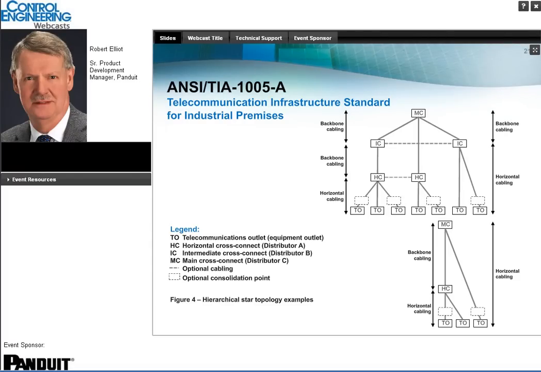IC would be the data center. HC would be the telecommunications room or the micro data center. That could lead to those optional consolidation points, which might be zone enclosures. And finally, to the telecommunications outlet, which would be the last connection to the device to which data is being sent.